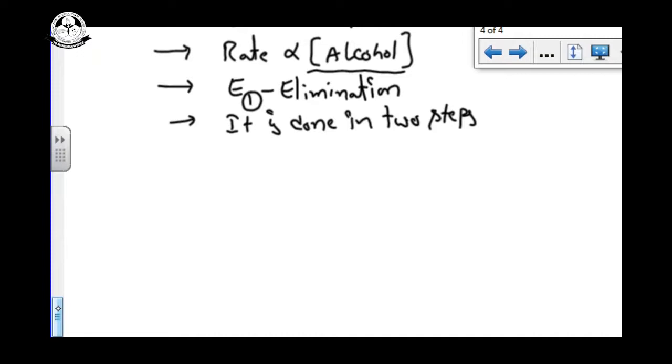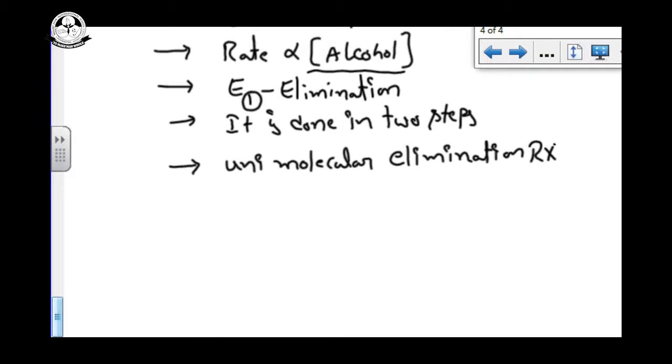If two molecules are involved in the rate determining step, that is E2 elimination. E1 stands for unimolecular elimination reaction. Here the reaction intermediate, I already told you, is carbocation.